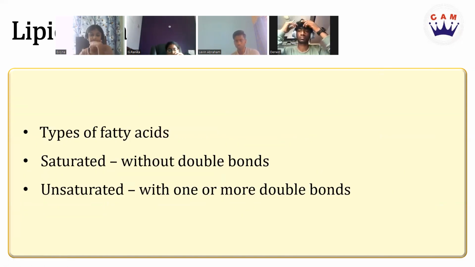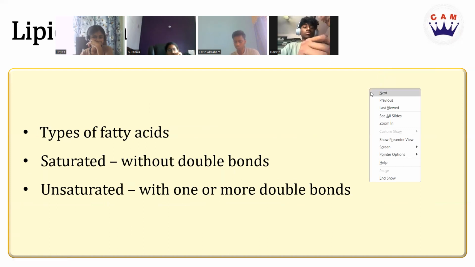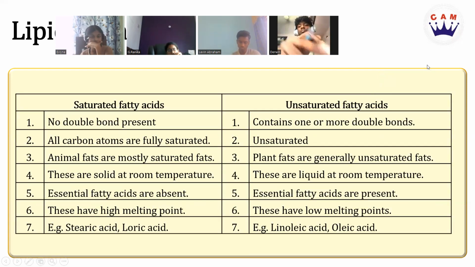So types of fatty acids: saturated without double bonds, unsaturated with one or more double bonds. See here, this is all what I told you. Saturated, no double bonds. Unsaturated, one or more double bonds. Carbon atoms are saturated with single bond. Unsaturated, they have double or triple bond. Animal fats you find in saturated fatty acids. Plant fats you find in unsaturated fatty acids. Animal fats are saturated fatty acids, solid at room temperature; here it is liquid at room temperature.